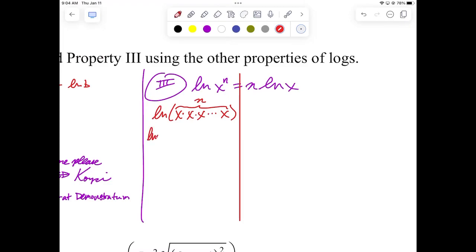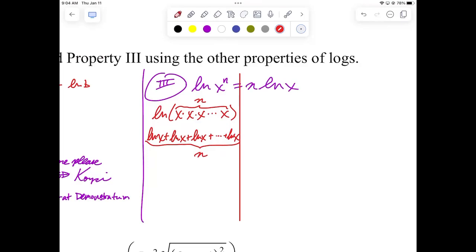So this becomes the natural log of x plus the natural log of x plus the natural log of x plus dot dot dot plus the natural log of x. And how many of those do I have? N of them. And the reason would be property 1. Well, now I can use the property of multiplication.